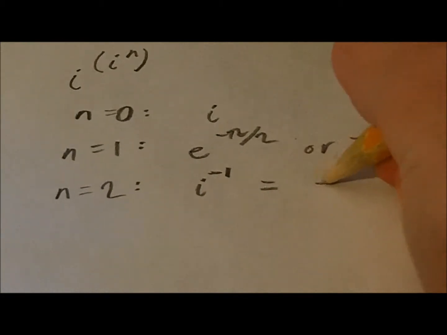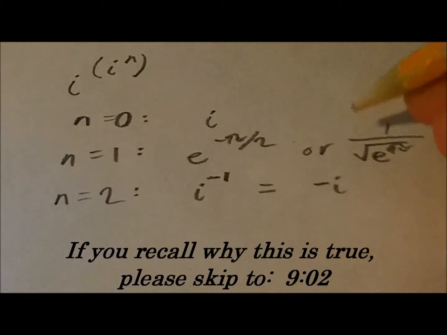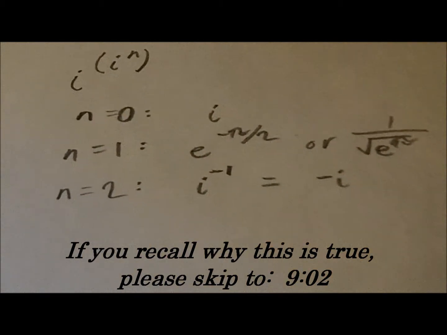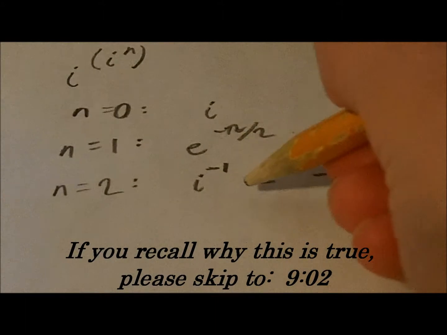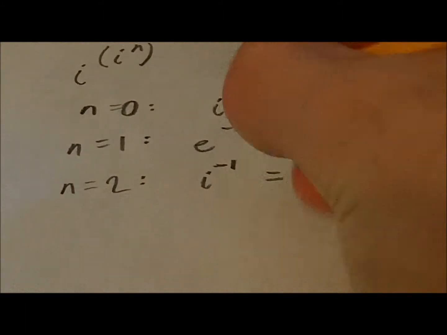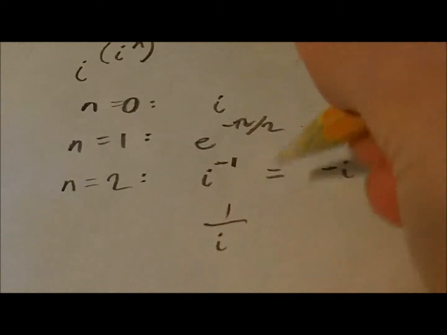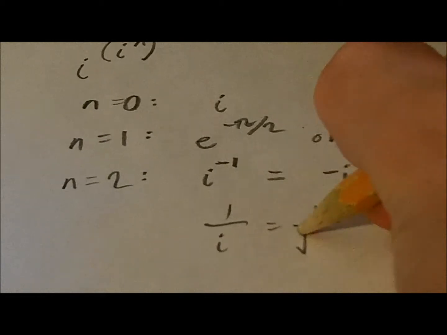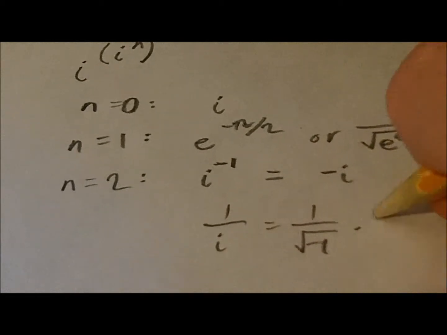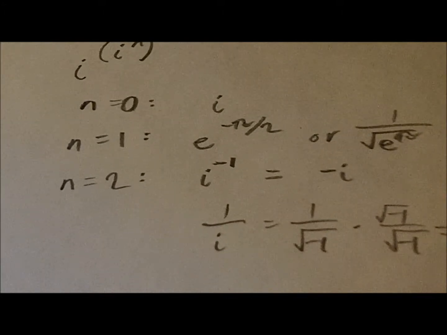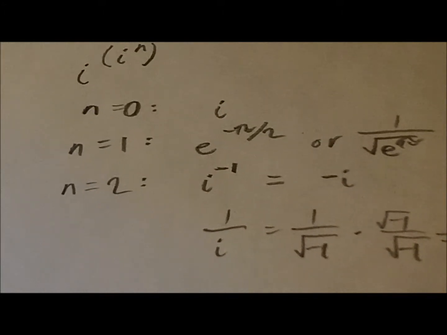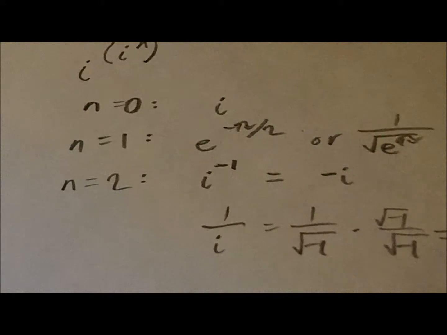You may recall it's actually equal to negative i, and there are multiple ways of demonstrating this. One of which is to say this is basically 1 over i, or 1 over the square root of negative 1, which, if we rationalize it, we get root negative 1 over negative 1, which is really negative i.